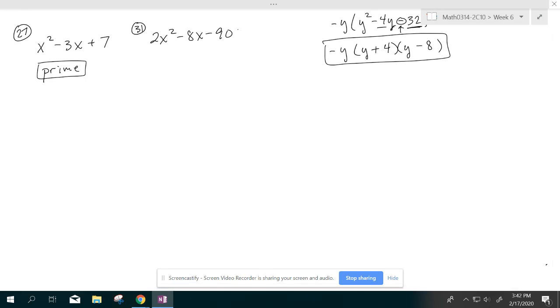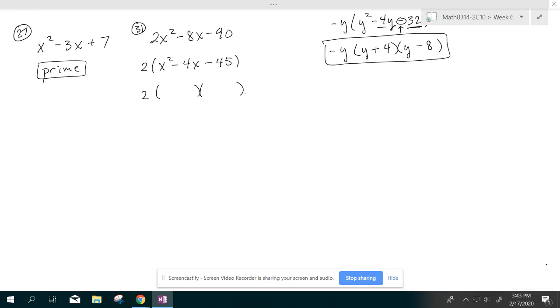And did you understand that factoring out has to come first? If something will factor out, it has to be done first. So we're going to divide everybody by 2. And then we're left with a standard trinomial. So we're going to try to break it down.